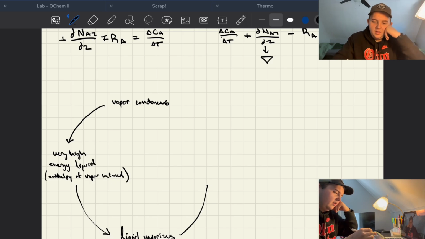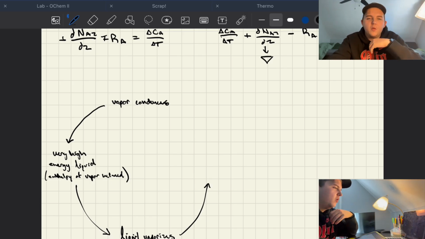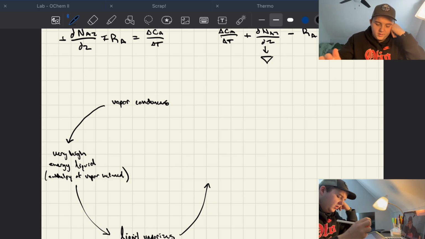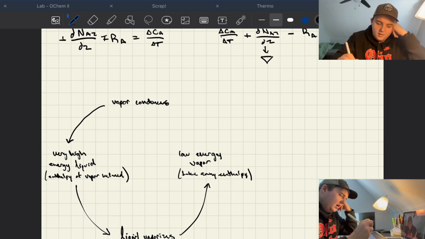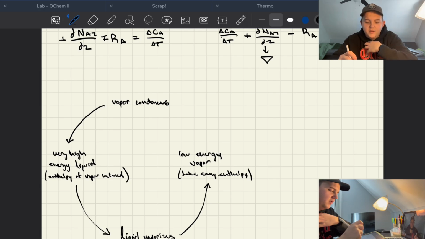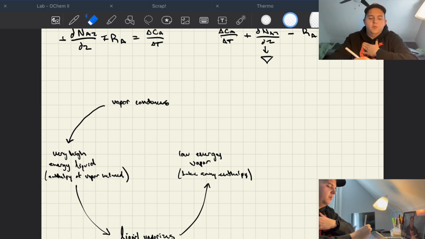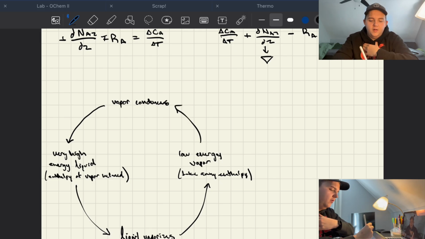And then the opposite happens up here. What we have next is a low energy vapor, that's going to take away enthalpy. And as more and more of this low energy vapor is formed, we make our final arrow here, which makes it want to condense.